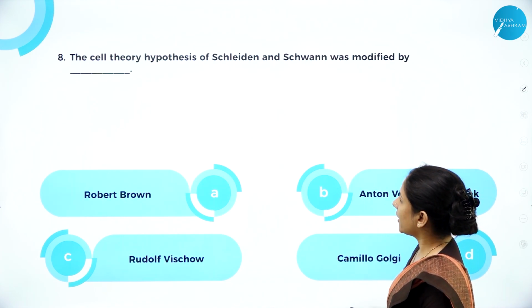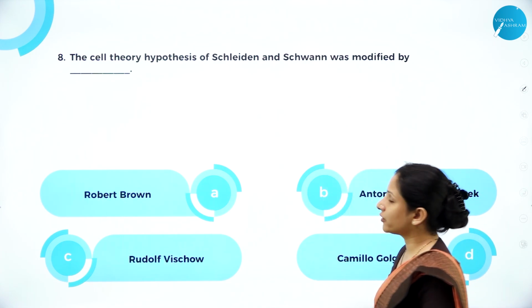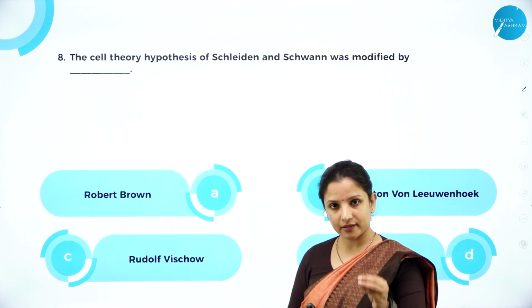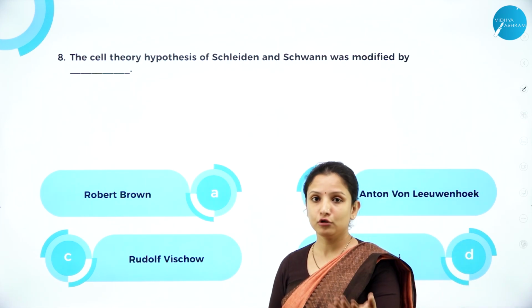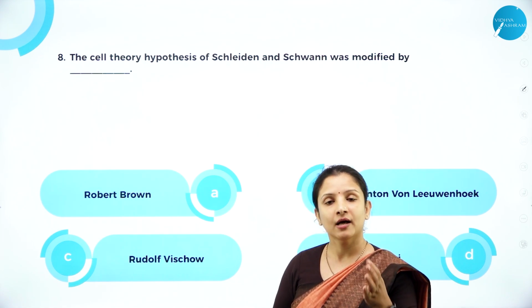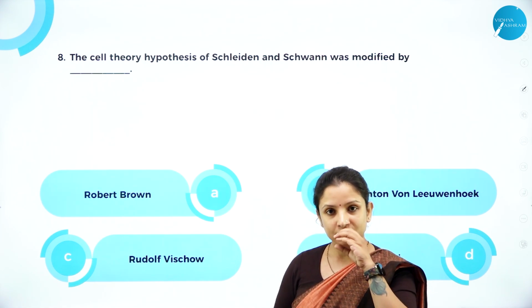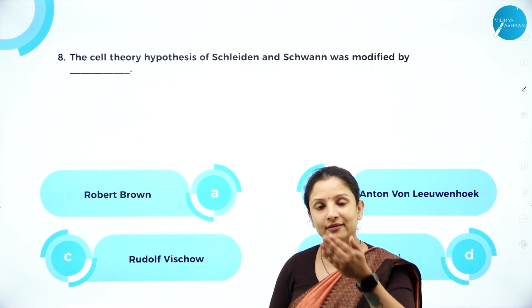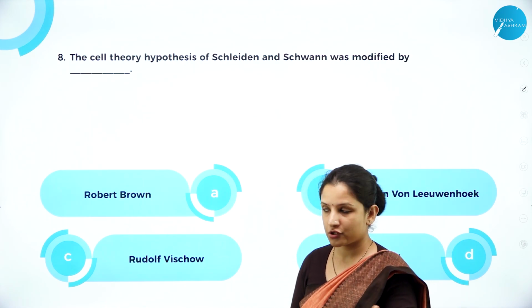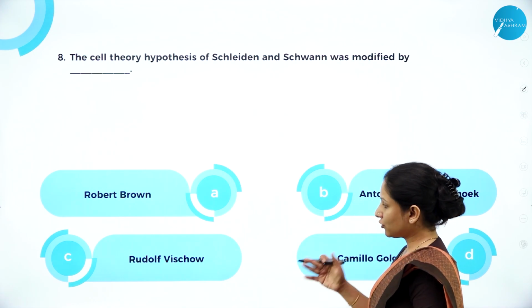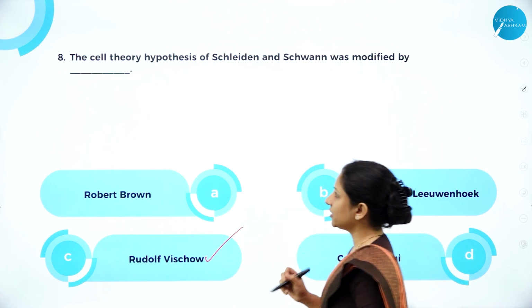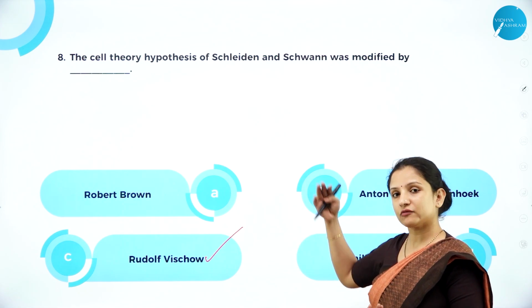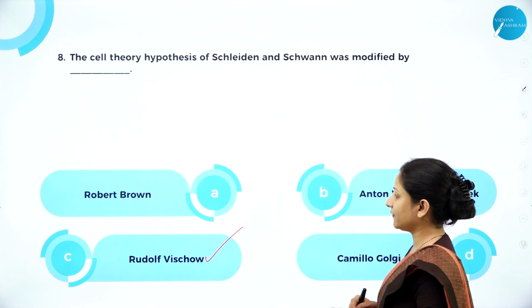So option B is the right answer. Next, the cell theory hypothesis of Schleiden and Schwann was modified by. Schleiden and Schwann had put forth a cell theory, but there was a drawback in that: they were not able to explain how new cells are formed. That credit goes to Rudolf Virchow. So Rudolf Virchow was the one who modified the cell theory put forward by Schleiden and Schwann.